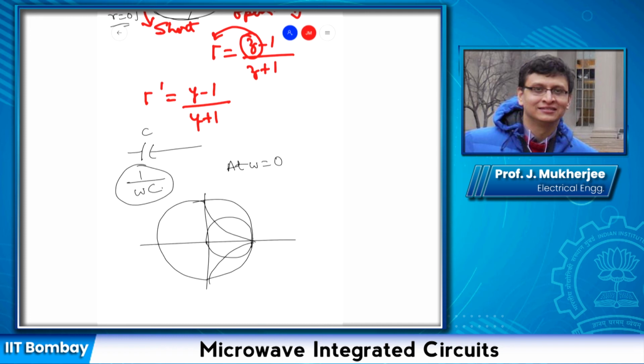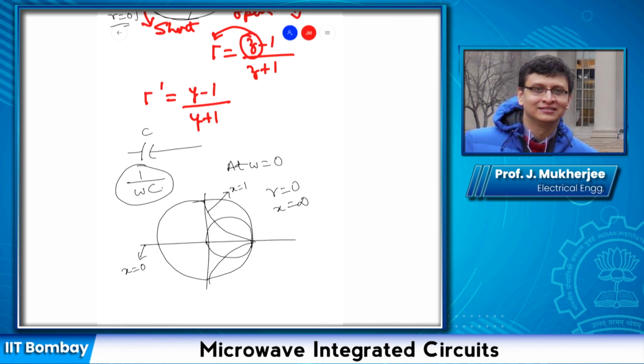So r equal to 0, x equal to infinity, which point is it? So see, one thing we have to understand, for x, this is our x equal to 0 constant reactance line. This is our x equal to 1 constant reactance line.